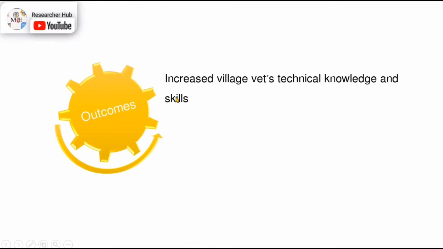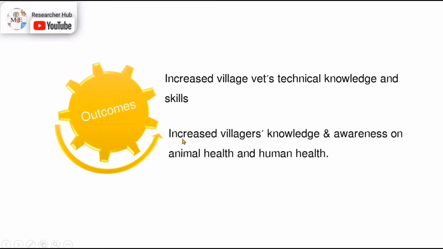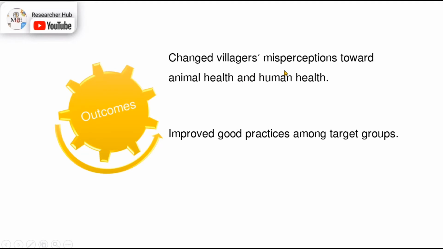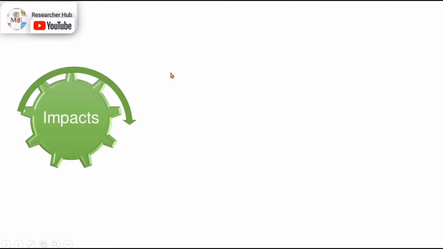And these are the outcomes. So the outcomes are: improve villagers' technical knowledge and skill, improve villagers' knowledge and awareness on animal health and human health, change villagers' misperception toward animal health, and improve good practice among target groups. And then there are the impacts for the project.